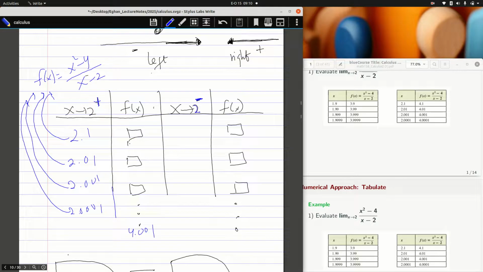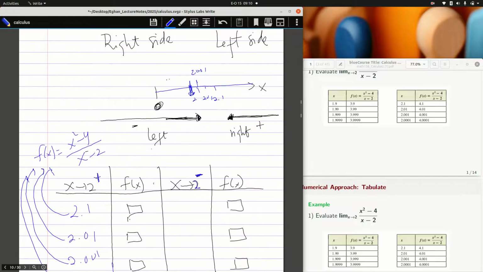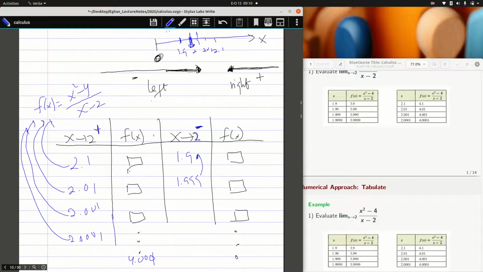Now let's say from the left side. From the left side, I can start from 1.9. I can take 1.9 here. It's still almost 2. I can go ahead and say 1.99, which is closer to 2, then 1.999, which will be even closer to 2. 1.9999, I'm just extending the 9s.